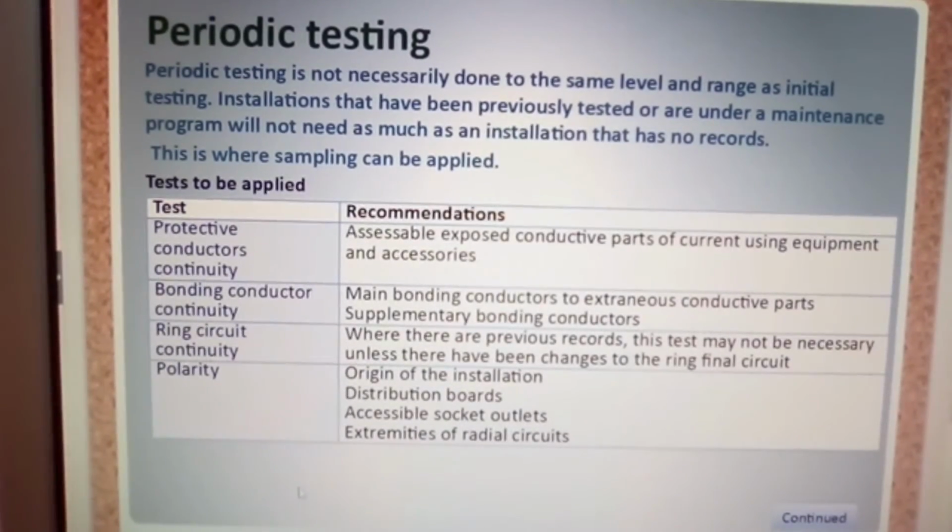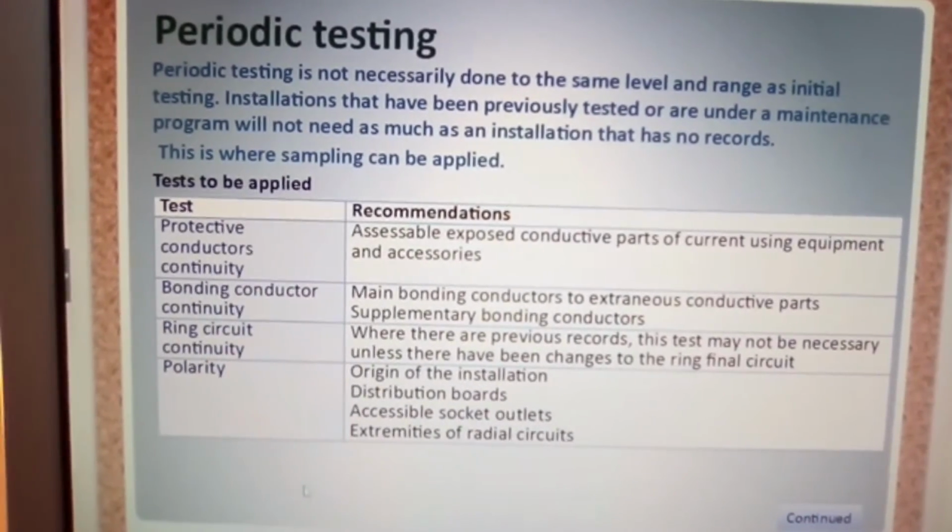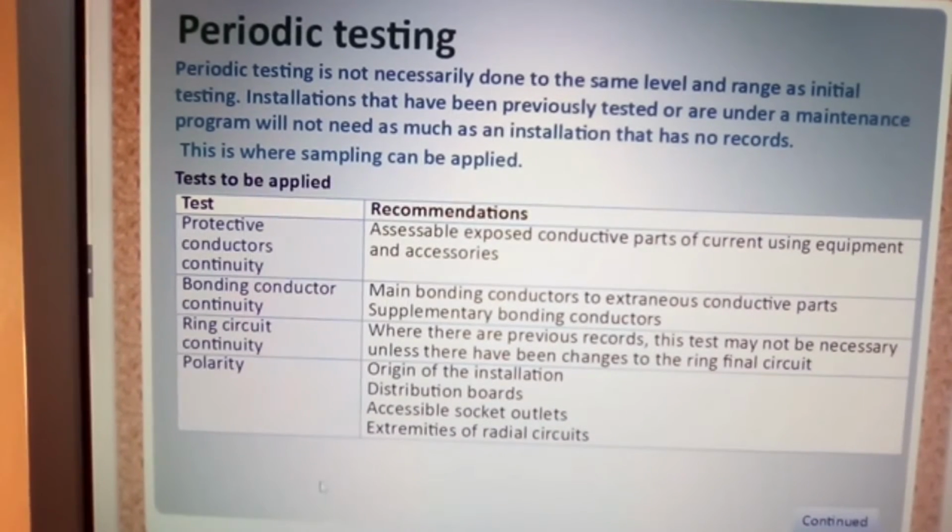Just telling you here what you may need to do in certain circumstances.